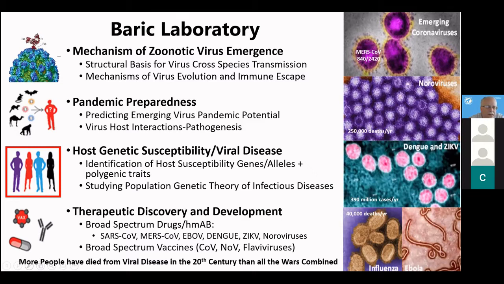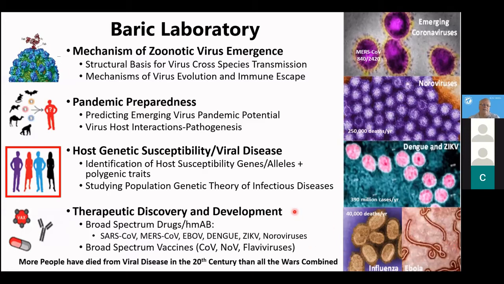And so we're also interested in understanding the underlying contributions that different host susceptibility loci make to the regulation not only of SARS and MERS coronavirus pathogenesis, but Ebola as well.